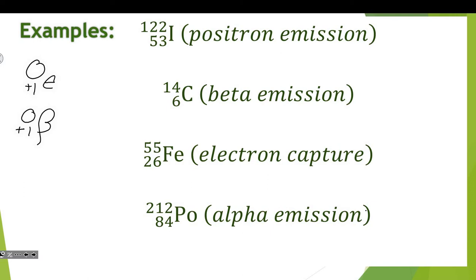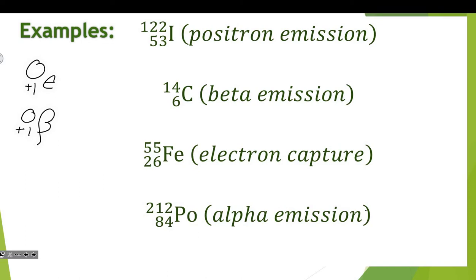Okay, now write me an equation. So start with your iodine, then put your arrow, then put your positron at plus what? Okay, one. So then it's 0 plus 1.